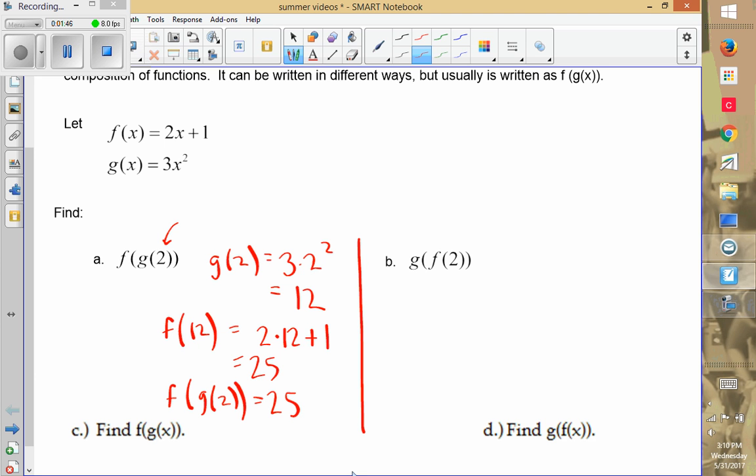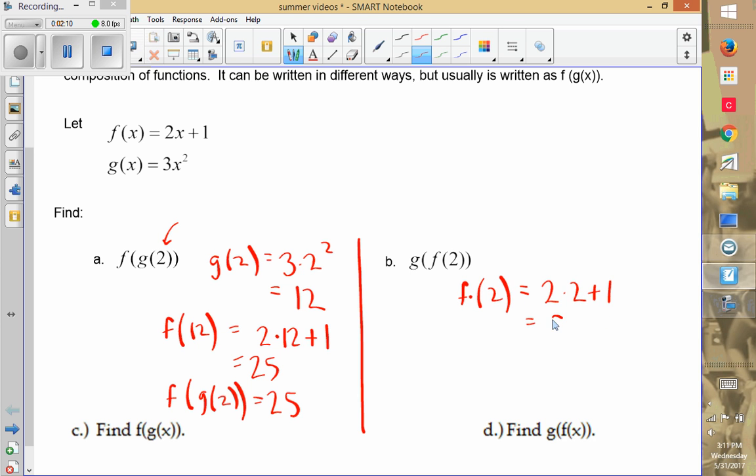Now the next expression in part B looks very similar to what we just had, except now it's g of f of 2. So what this problem says is let's put 2 inside of the f of x equation first, and then put that answer inside of the g of x equation. So first things first, f of 2 is 2 times 2 plus 1.